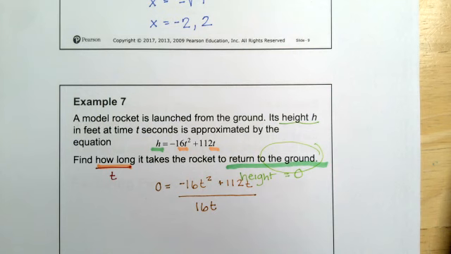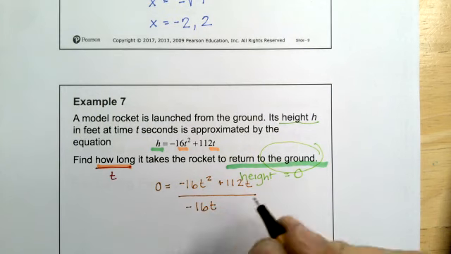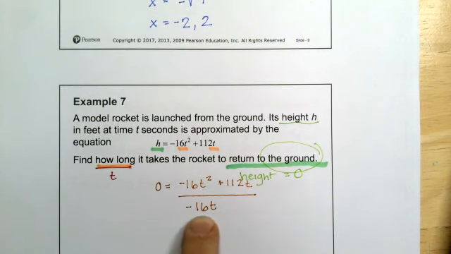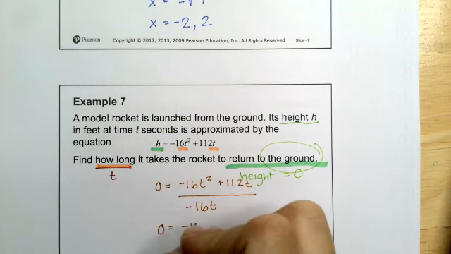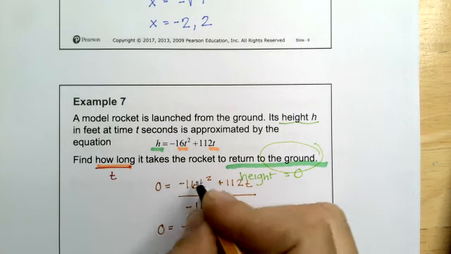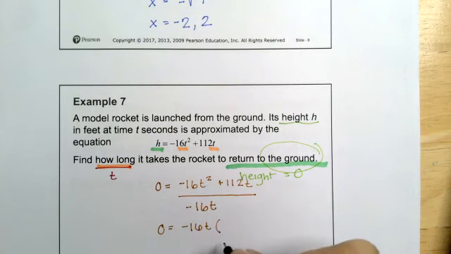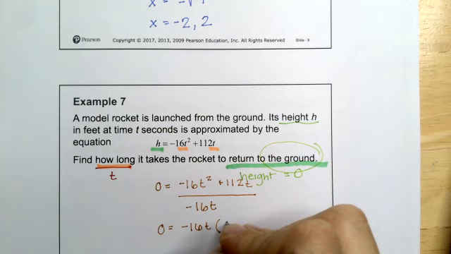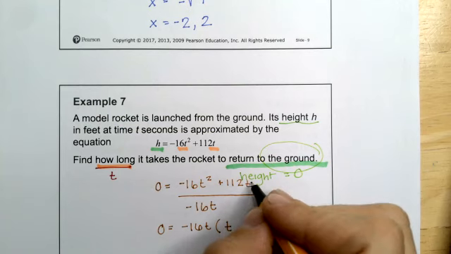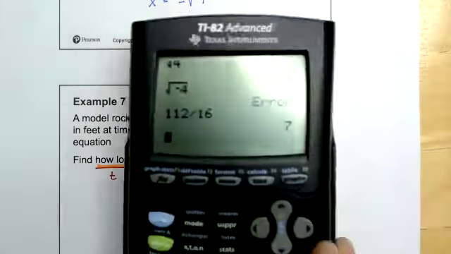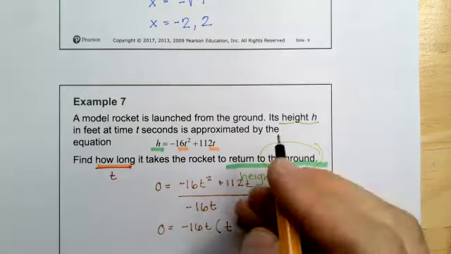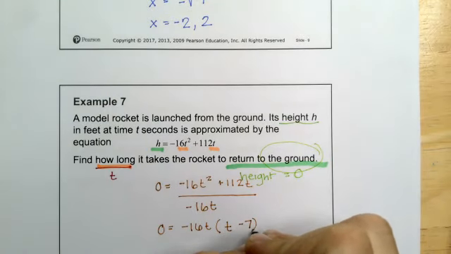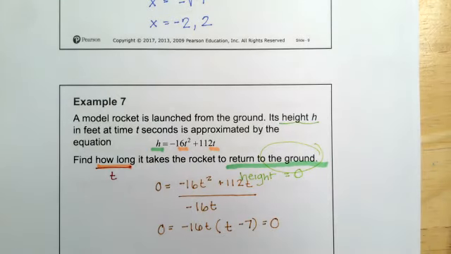Factoring out -16t, -16t squared divided by -16t is just going to give us t, right? 112t divided by -16t, we said 112 divided by -16 is -7. Good. t minus 7 equals 0.